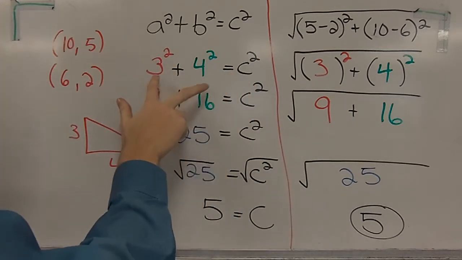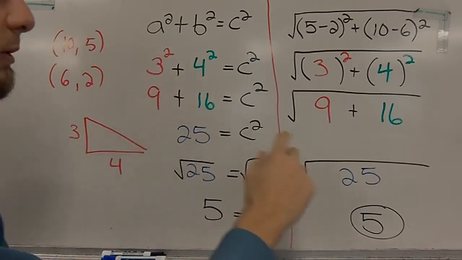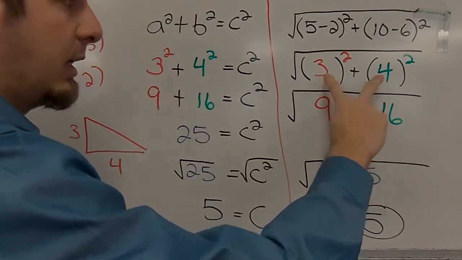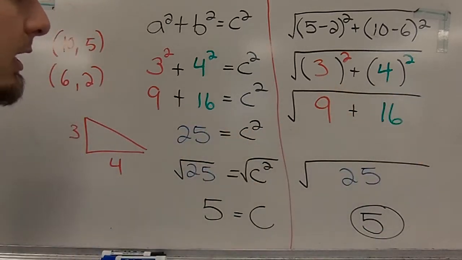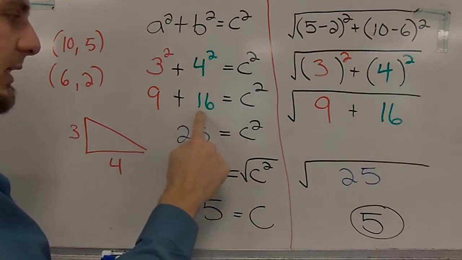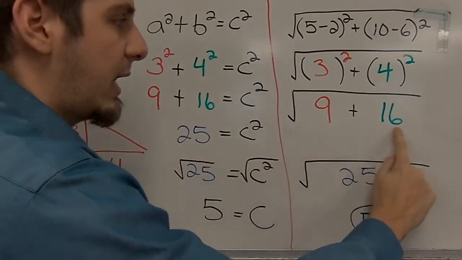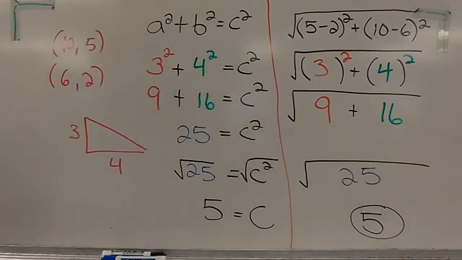So the first thing we have to do in the Pythagorean theorem is square the 3 and square the 4. Well, the first thing I have to do over here is square the 3 and square the 4. Same exact process, right? The second thing I do for the Pythagorean theorem is add the 9 and the 16 and get 25. I add the 9 and the 16 over here as well as my next step, and I get the 25.